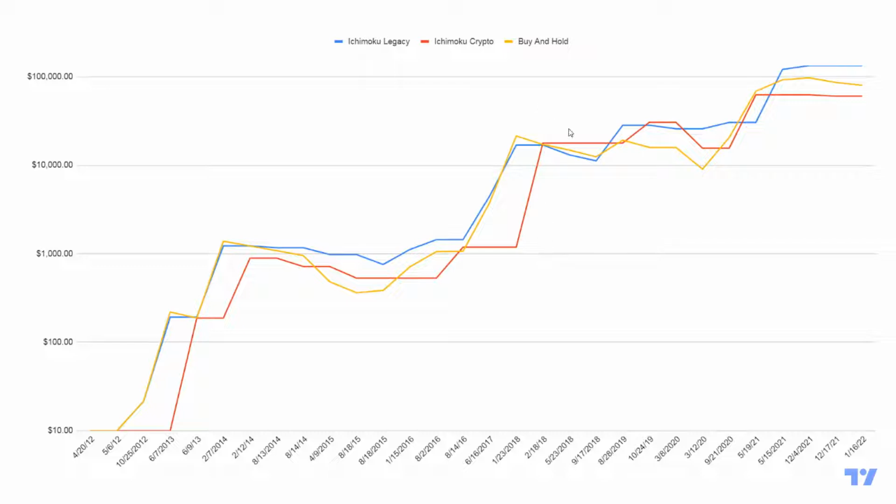And the Ichimoku crypto settings, funny enough, after they were invented in 2016, had outperformance in the 2018 cycle and the 2020 cycle, but then began to lag really only most recently. In fact, the legacy settings also have had some outperformance and underperformance, and only now are leading.